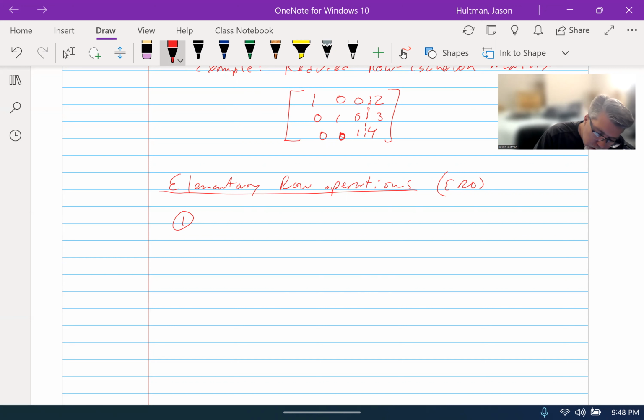The first is that we can permute or swap any two rows. The second is that we can multiply a row by a constant. And three is that we can add any two rows together.